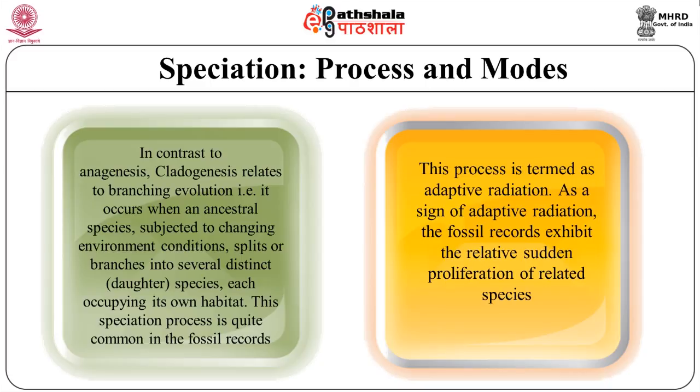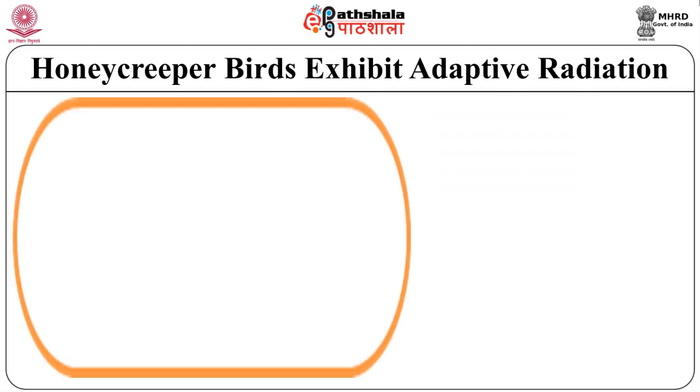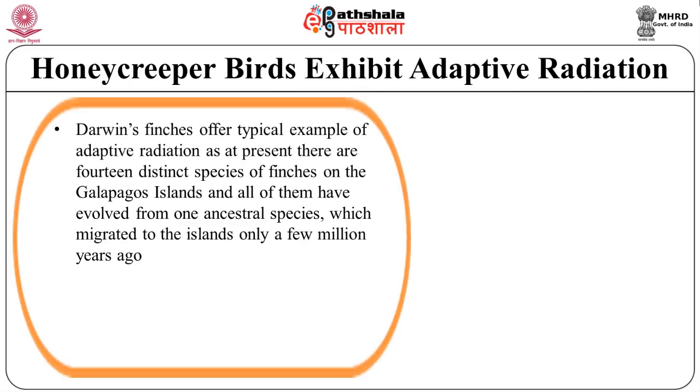As a sign of adaptive radiation, the fossil record exhibits a relatively sudden proliferation of related species. Figure 2 shows that the Honeycreeper bird exhibits adaptive radiation, as from one original species of bird, multiple others evolved, each with its own distinctive characteristics.